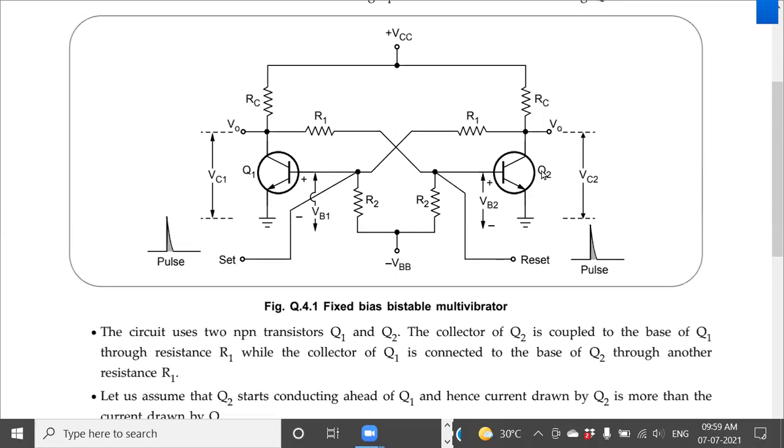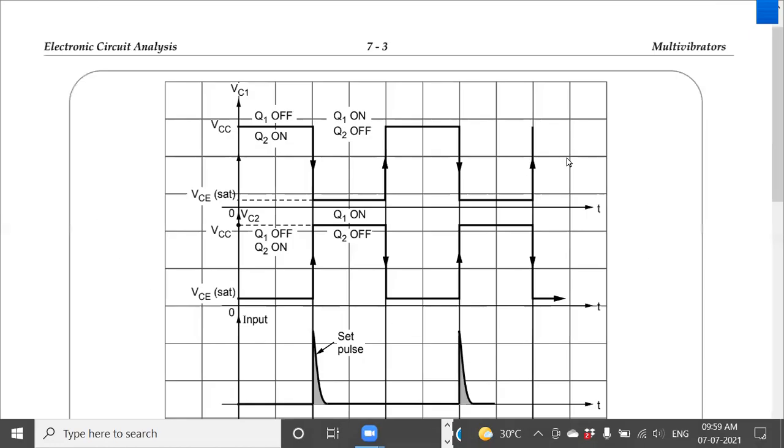Based on the discussion we just had, when we connect the supply, Q2 will go into on and Q1 will go into off. So VC1 will be high and VC2 will be low.